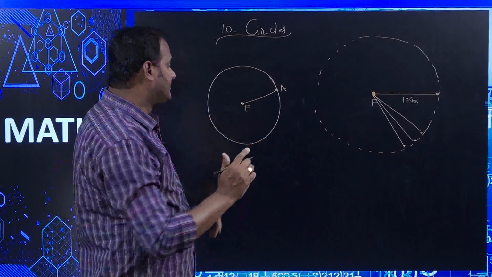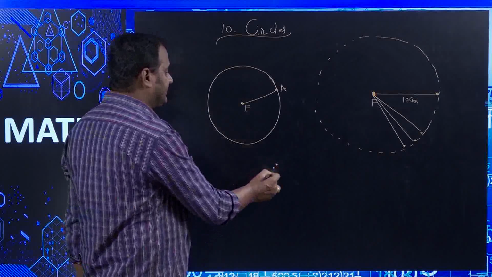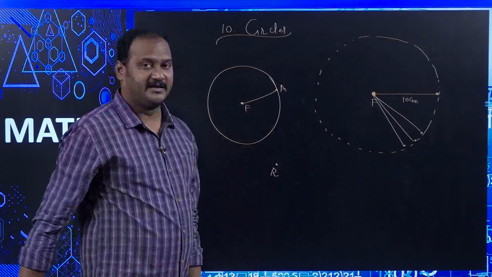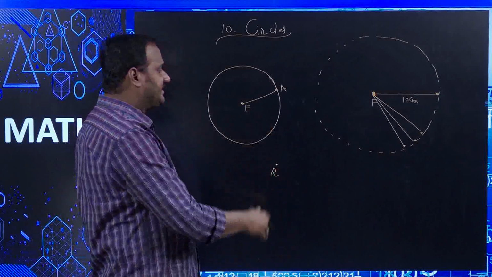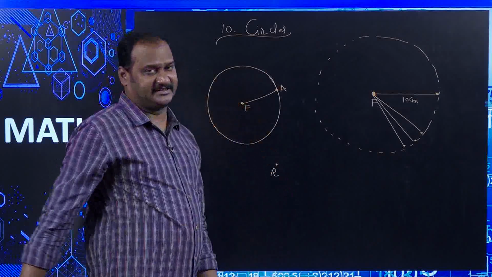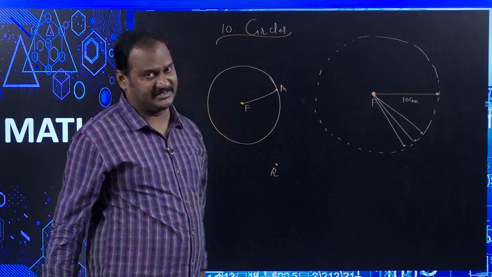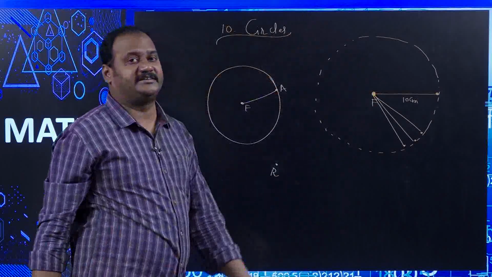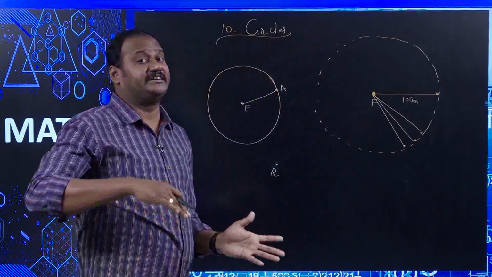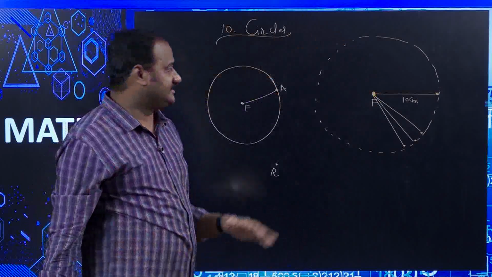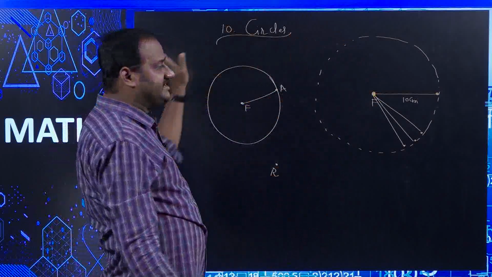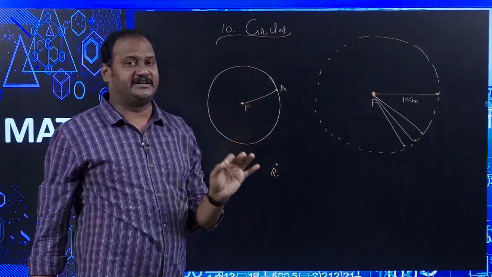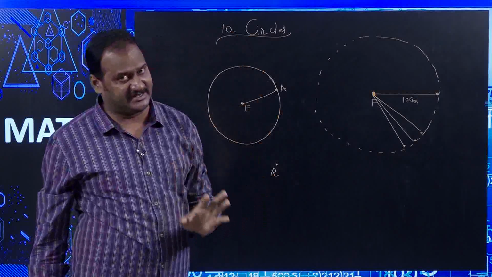For example, I am taking one point here, let this point be R. This point definitely does not lie inside the circle. This point lies outside the circle. If you take any point here, then all such points belong to its exterior. So the first region is the set of points belonging to the exterior of the circle.